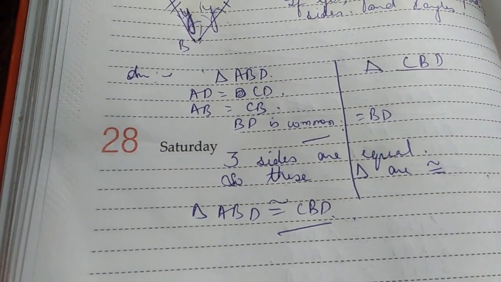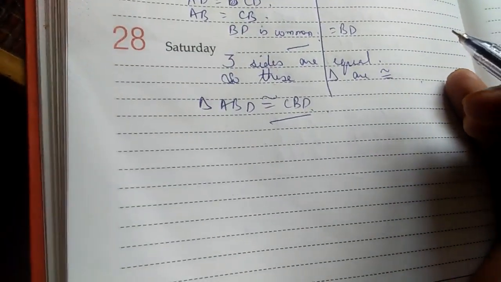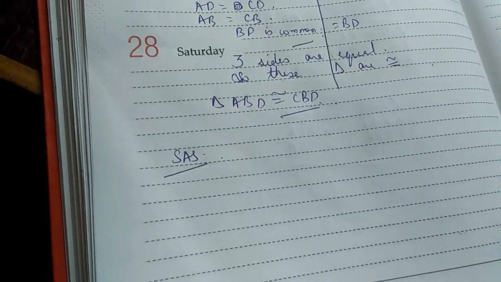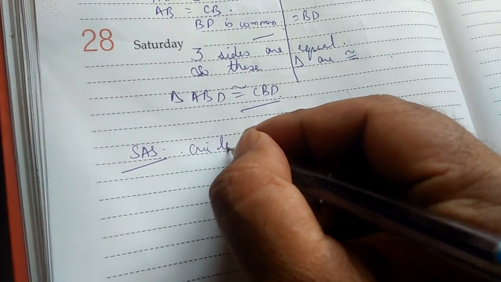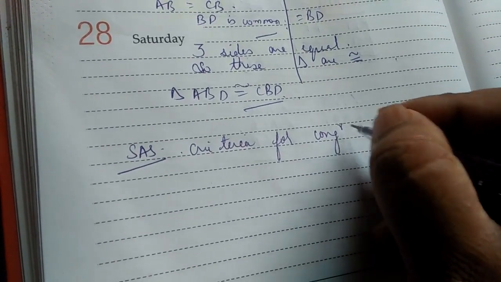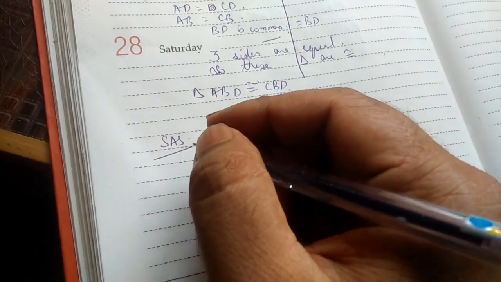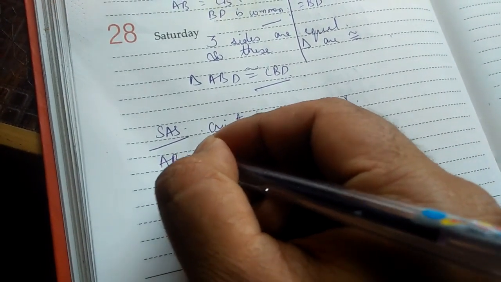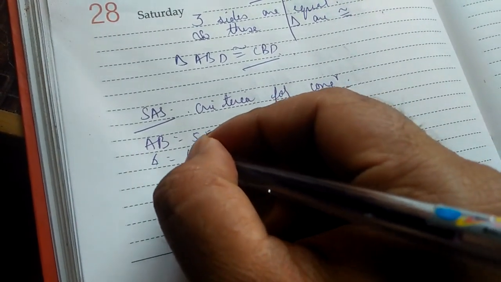Now let's move on to the next criterion, which is side angle side, the SAS criterion for congruence. Now let's say we have one side and one angle. Let's say side AB is equal to 5.5 centimeters and one angle is 65 degrees.